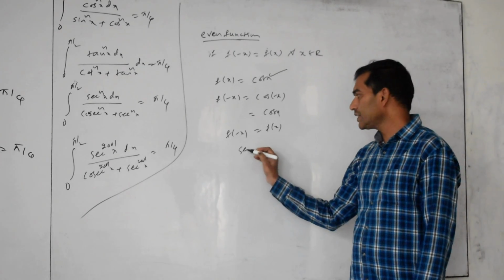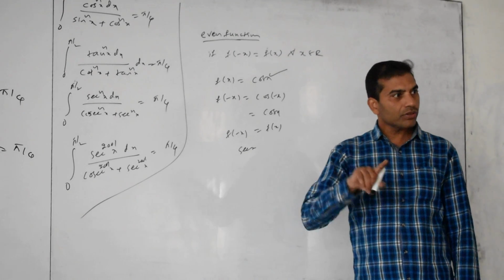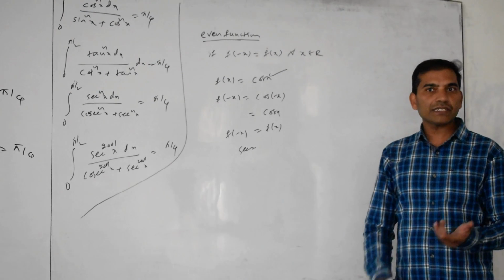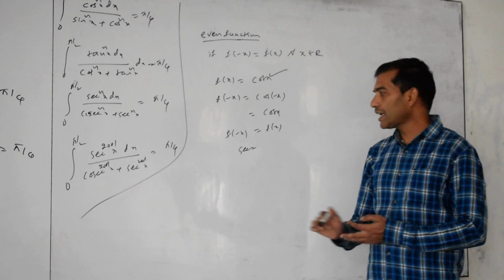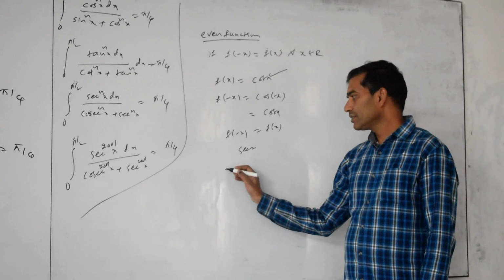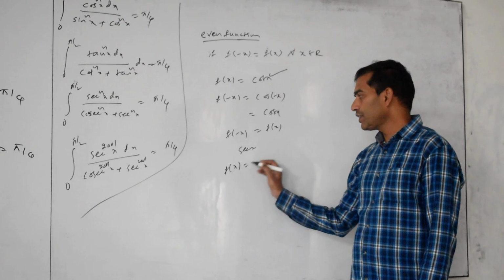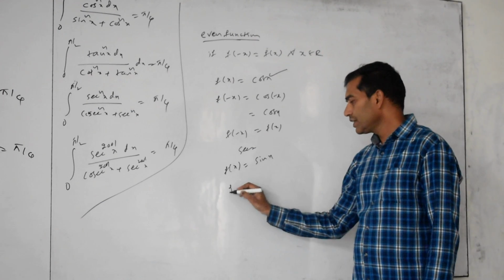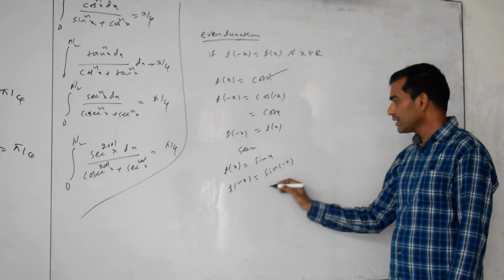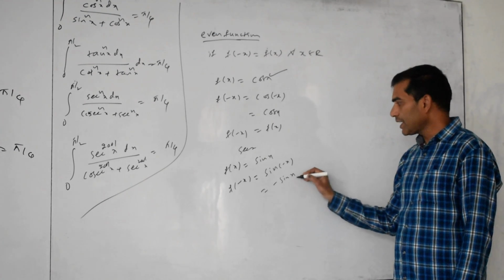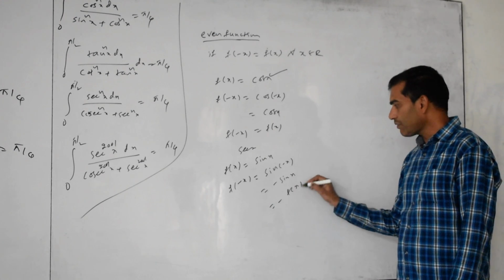Similarly, sec x is also an even function. Why? Because sec of minus x is sec x. What about sin x? Not an even function. If you take f of x equals sin x, f of minus x equals sin of minus x, which equals minus sin x, so minus f of x.